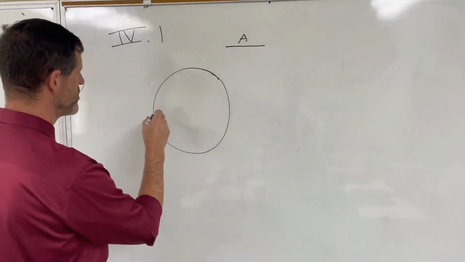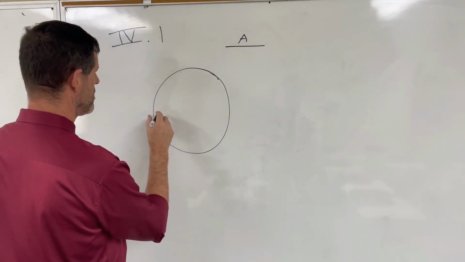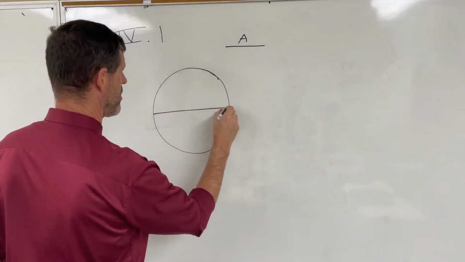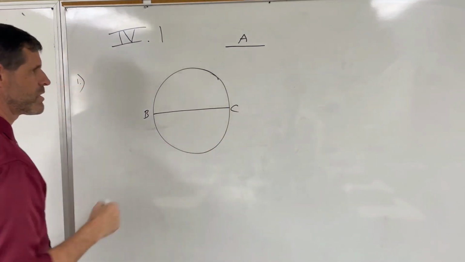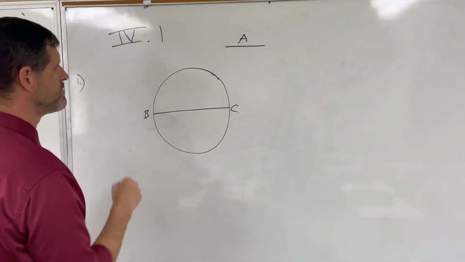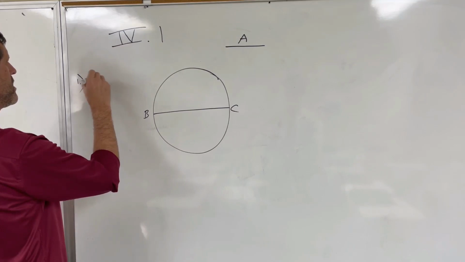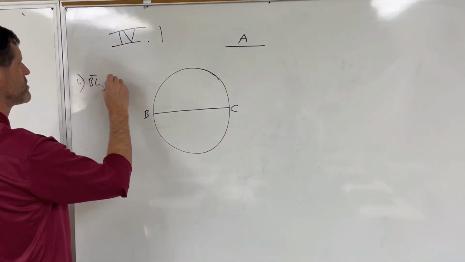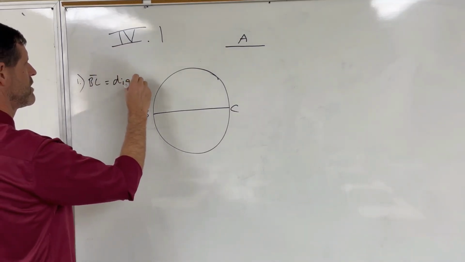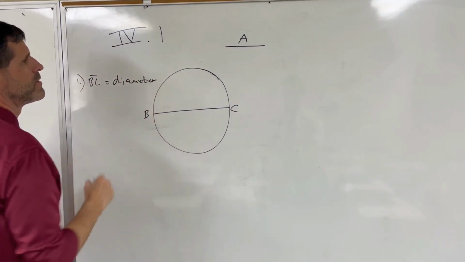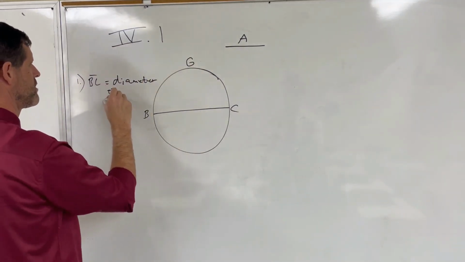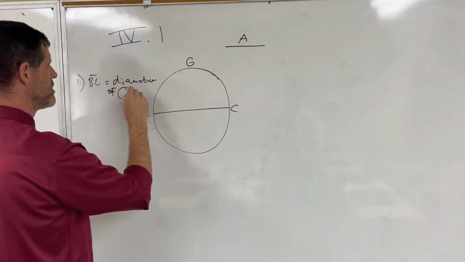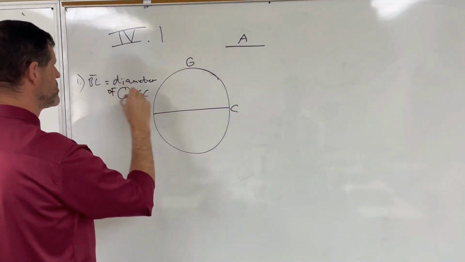So first step, we'll draw a line BC, which is a diameter of the circle. So BC equals the diameter, and we'll call this circle BGC, with BC the diameter of circle BGC.